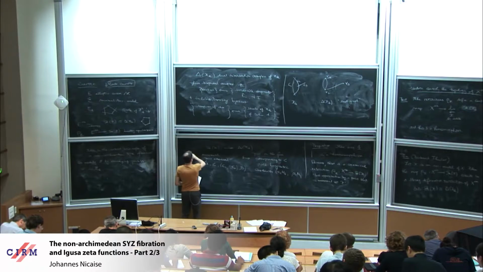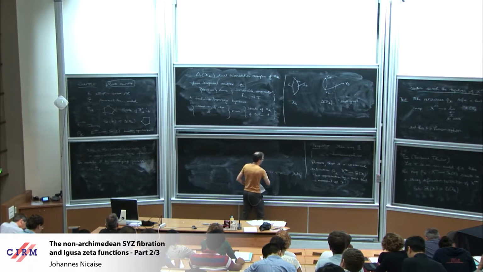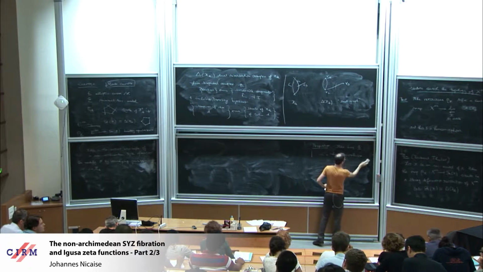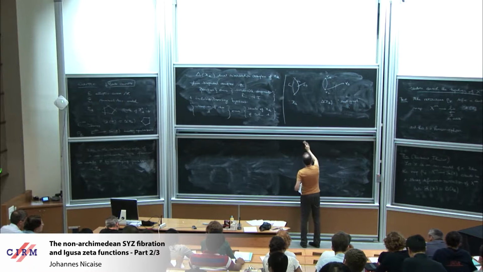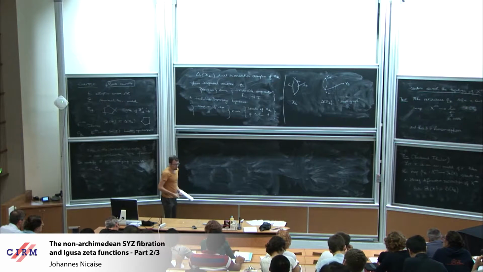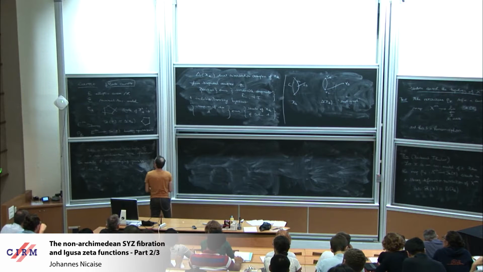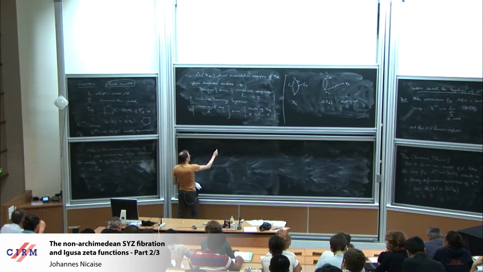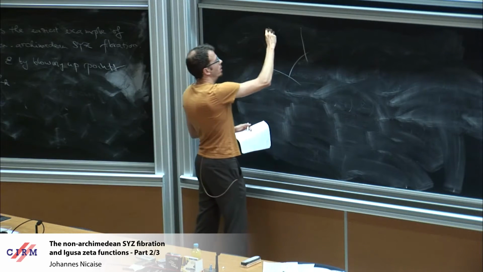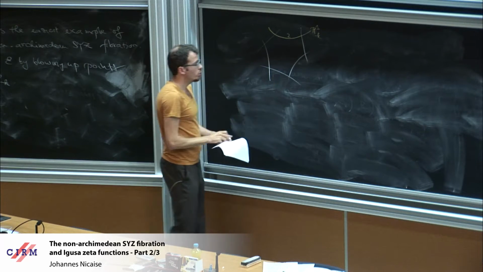And then there are essentially two things that can occur. So the first type of blow-up that we can consider is we can blow up an intersection point of two components in a special fiber, which gives us a new copy of P1 of multiplicity 2.